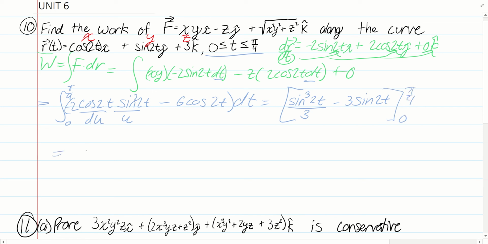So pi over 4, so actually pi over 2, because it's 2 times t, which is 1 cubed over 3, minus 3 times 1. This is sine pi over 4. I'll write sine pi over 4 so no one gets confused.